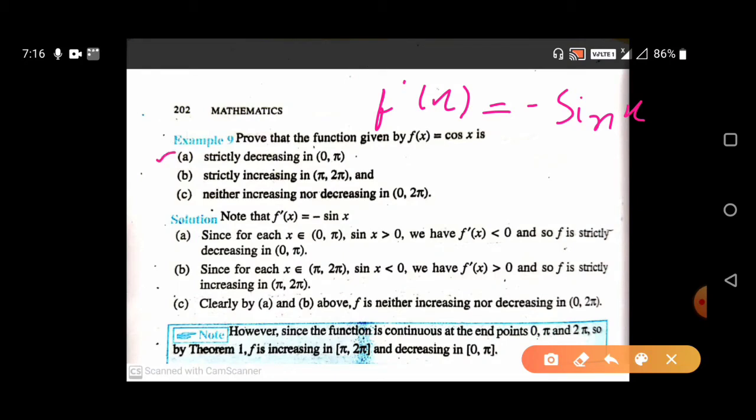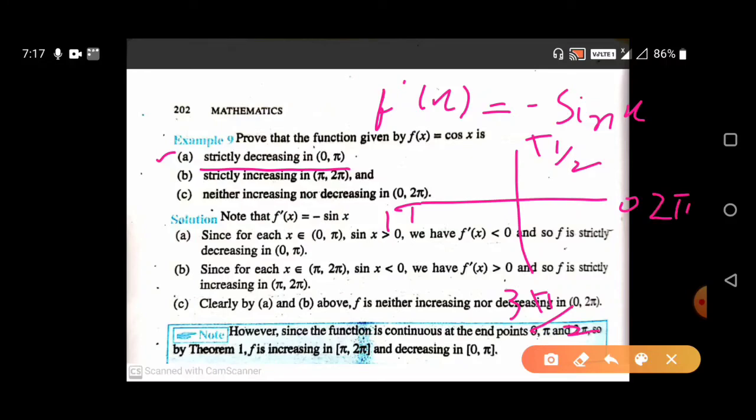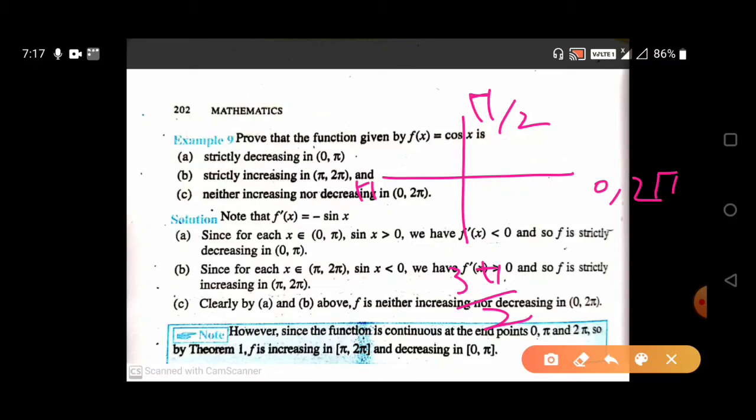Now for question number A, we have to prove the function is strictly decreasing in the interval 0 to π, which is an open interval. So here it will be 0, then π/2, π, 3π/2, then 2π. Here we are checking for 0 to π, so these two quadrants.